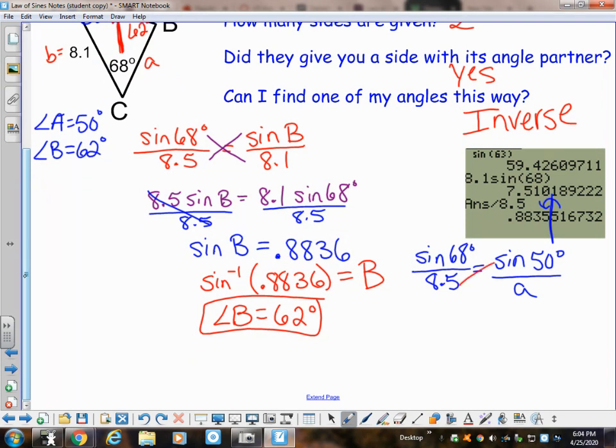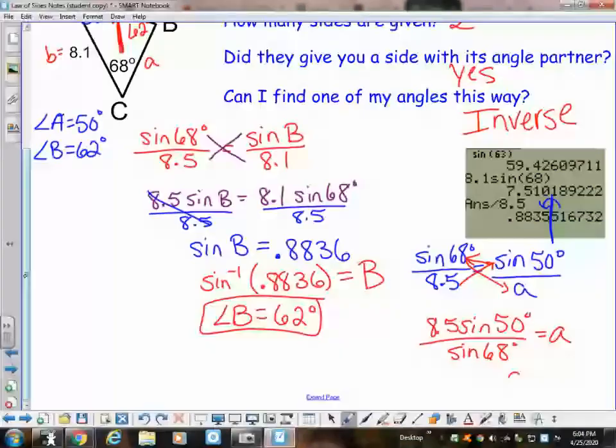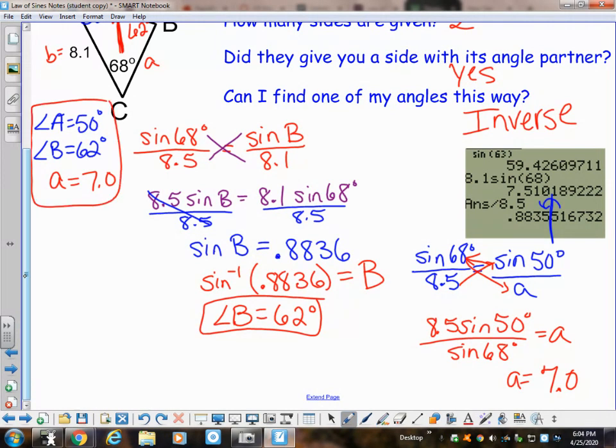I'm going to take 8.5 times sine of 50 degrees divided by sine of 68 degrees, and that's going to give me my A. So I plug that into my calculator, and I end up getting 7.0 for A. A is 7.0. And there it is. There's my answer.